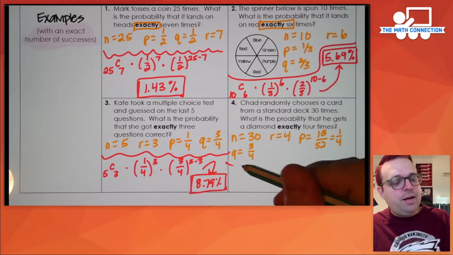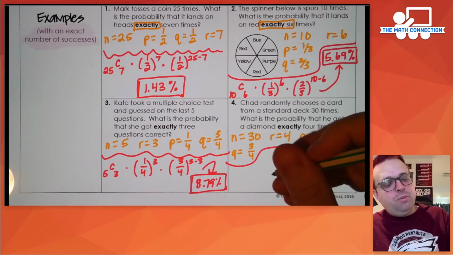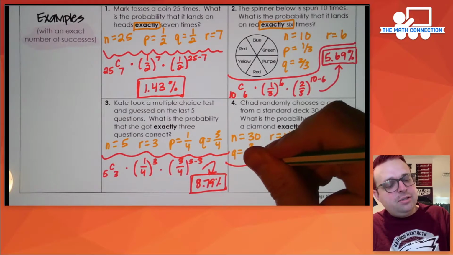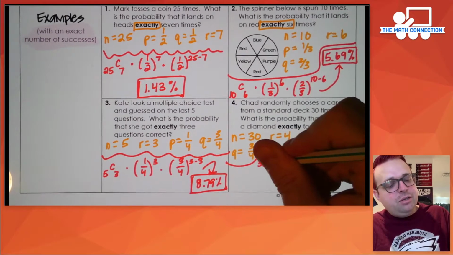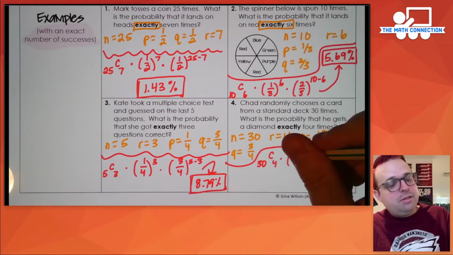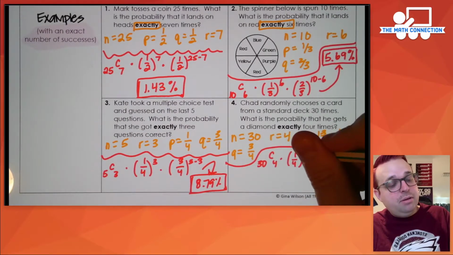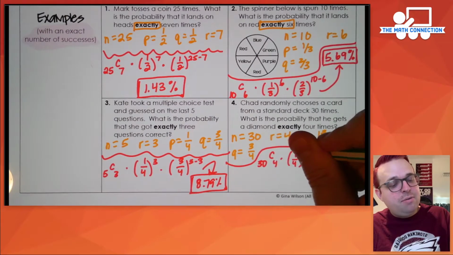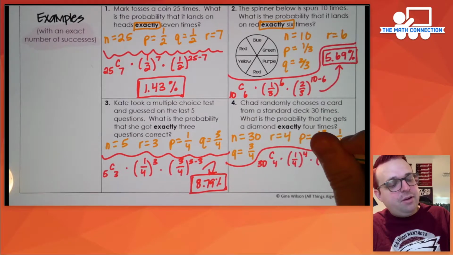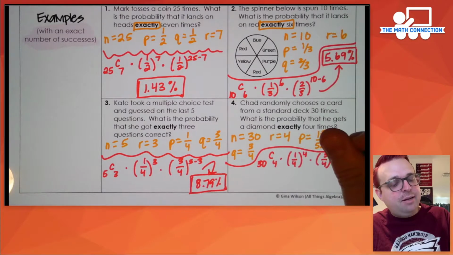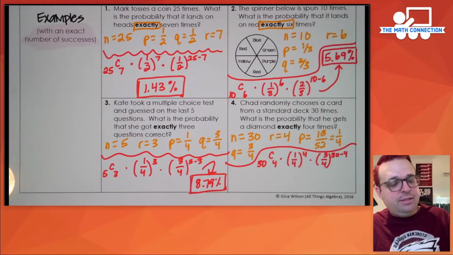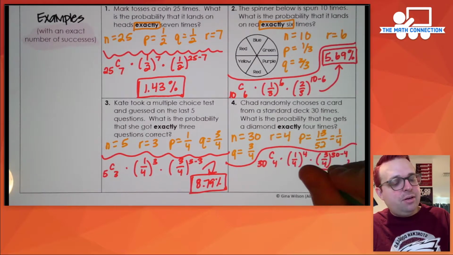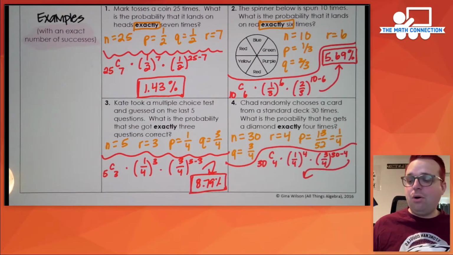Let's do our red color. And we're going to do the math for this, which is 30 combination 4 times our success rate probability to the power of r times the failure probability to the power of n minus r, 30 minus 4, which is 26. Okay, so my answer here, that's an arrow that I'm drawing, by the way.